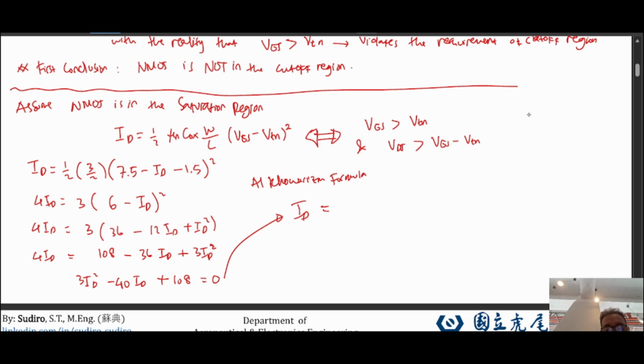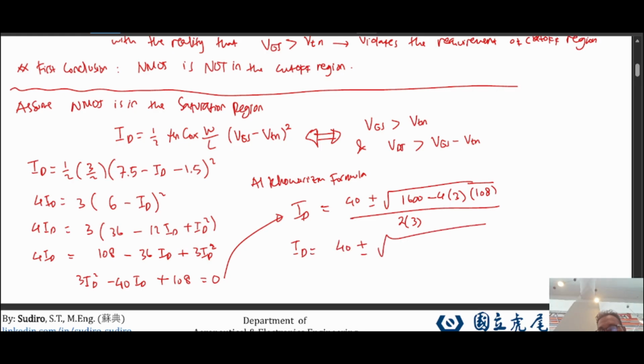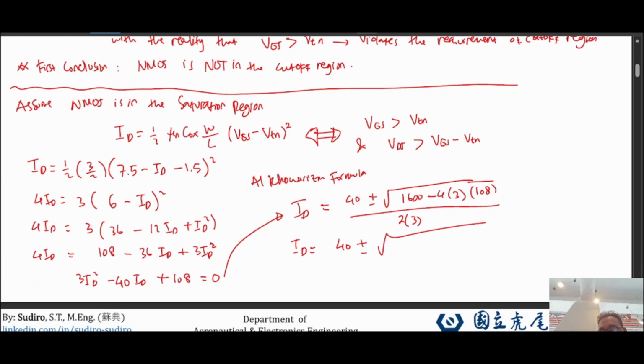We get ID is equal to, using the quadratic formula, 40 plus or minus the square root of 1600 minus 4 times 3 times 100, over 2 times 3. So ID will be equal to 40 plus or minus the square root of 300, over 6.